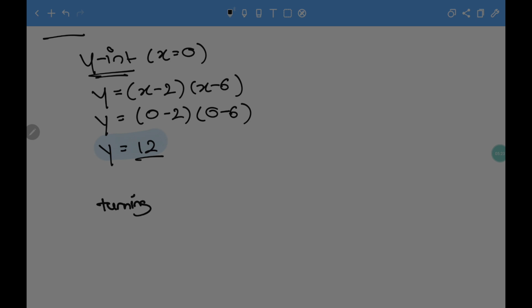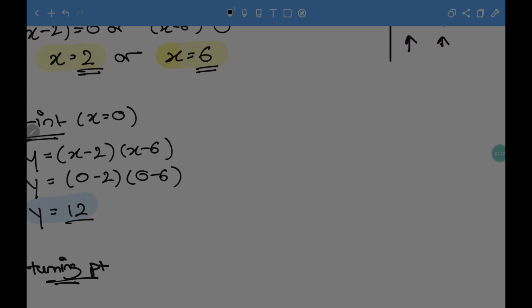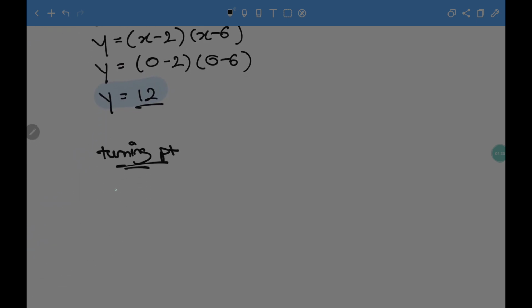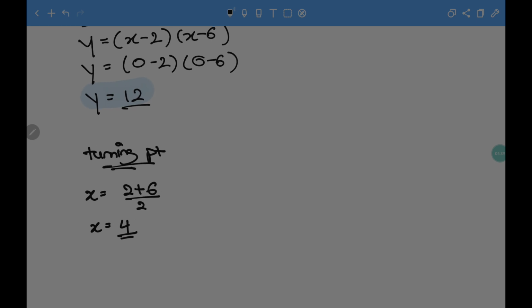Turning point. Average of 2 and 6, so x equals (2 plus 6) over 2, so x equals 4. Now find y. Sub into the equation (x minus 2)(x minus 6), so you have 4 minus 2 and 4 minus 6.